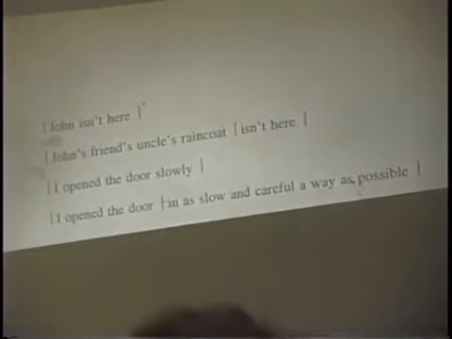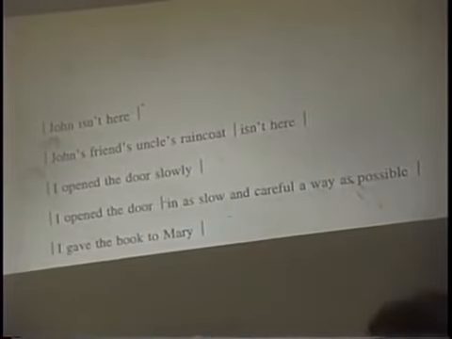And here's another example. I gave the book to Mary. Fairly simple sentence. Noun phrase subject, I. Verb phrase, gave the book to Mary. The book is a noun phrase object, and to Mary is, anybody better at syntax than me? What's to Mary? It's another noun phrase, prepositional phrase, shall we say. That's fairly simple structure. I gave the book to Mary.